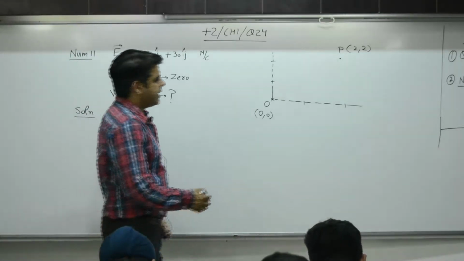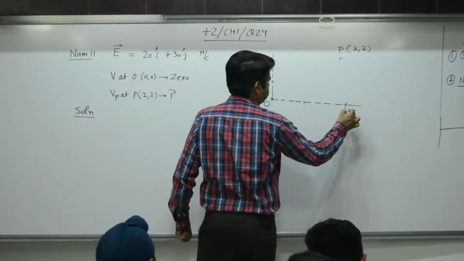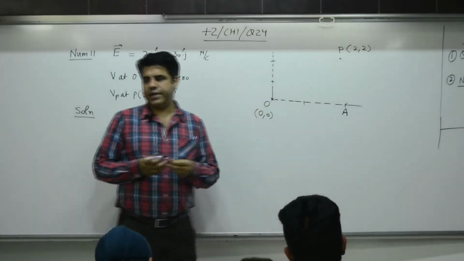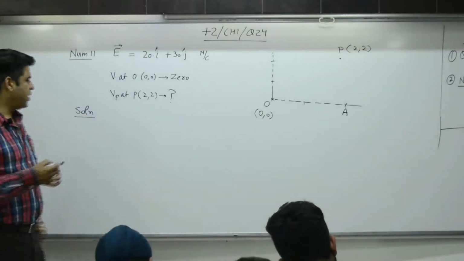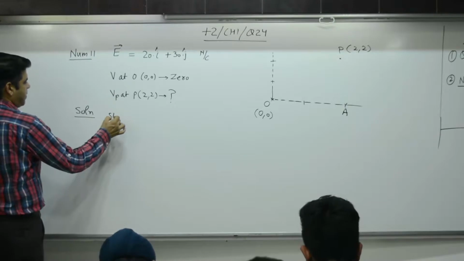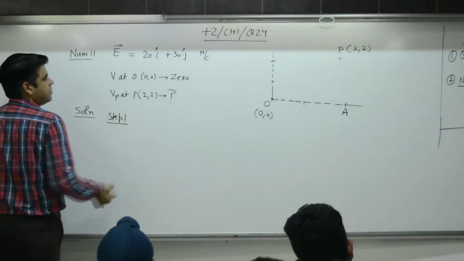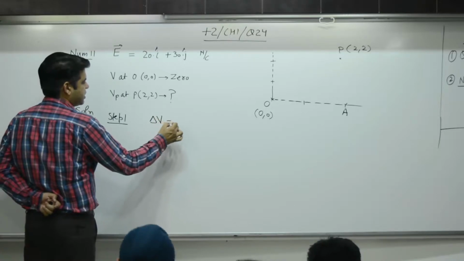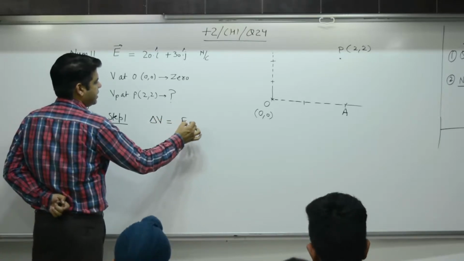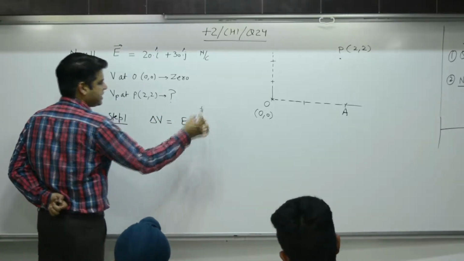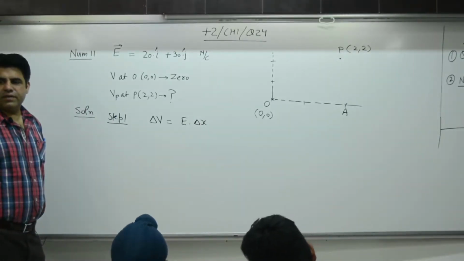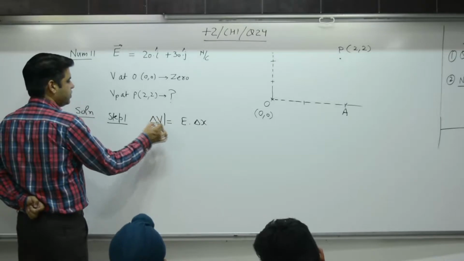Let this point be A. Can you give me the potential difference between O and A? Step 1. Potential difference between 2 points is equal to magnitude E into delta x. Correct? Because E was equal to delta V by delta x, only magnitude.